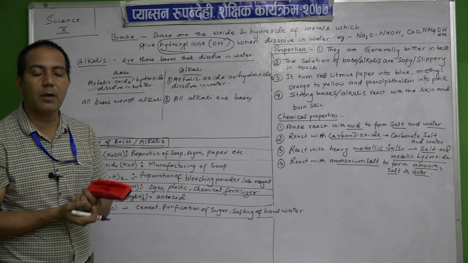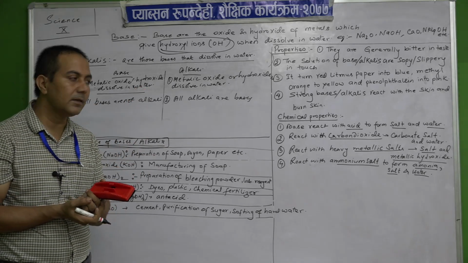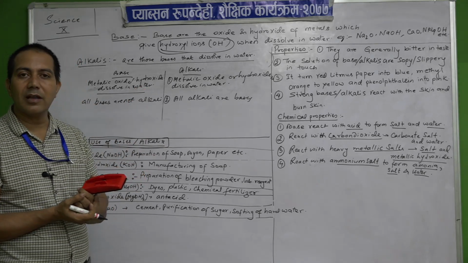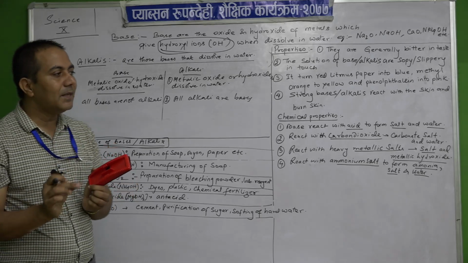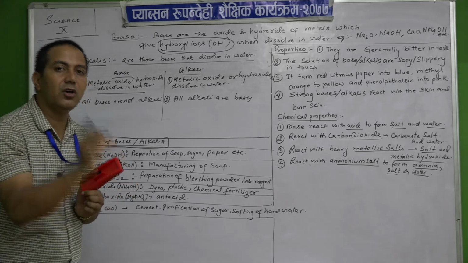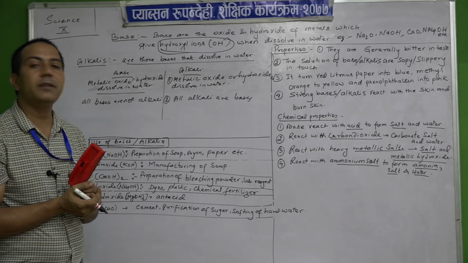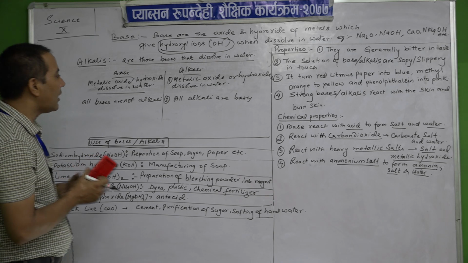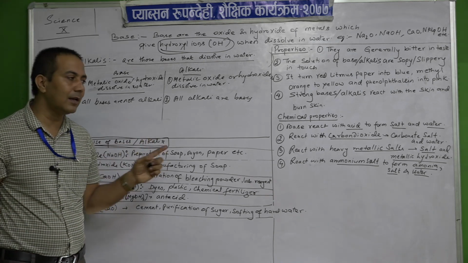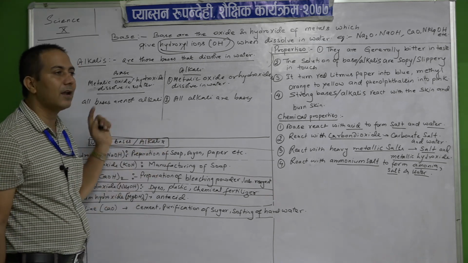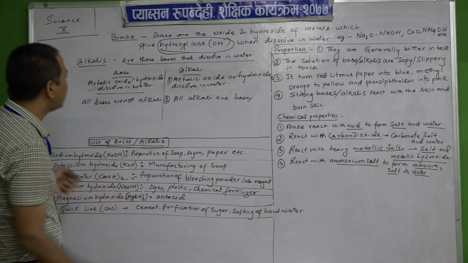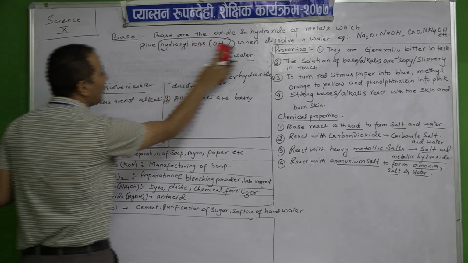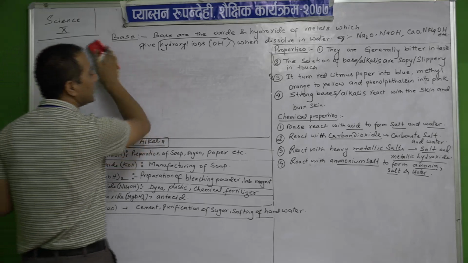All the groups of alkalis fall under the bases, but all bases are not alkalis, because alkali means those bases which dissolve in water, but there are some bases which do not dissolve in water, so they do not come under alkali. Therefore, all bases are not alkalis. So these are the differences between alkali and bases.